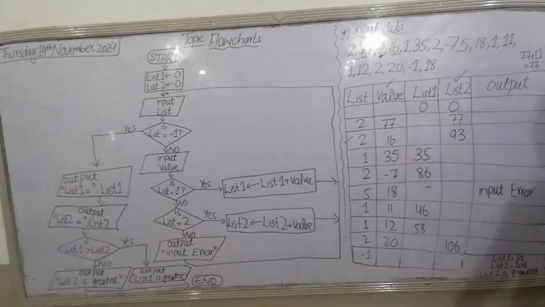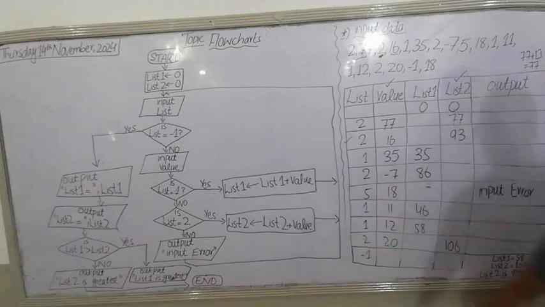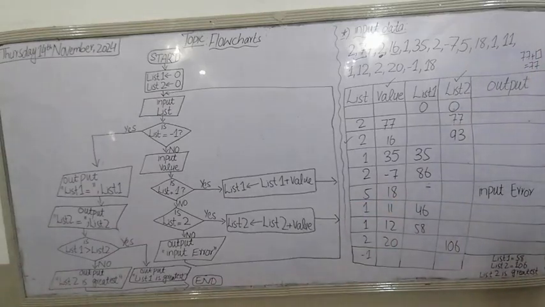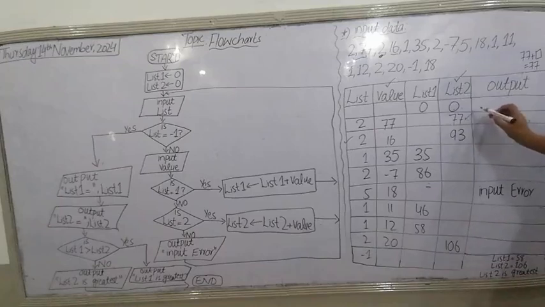So we will move towards this yes side, and again we will check list 2 plus value and store the resultant in the variable called list 2. So what did we already have in the variable list 2? We had this value, that is 77.